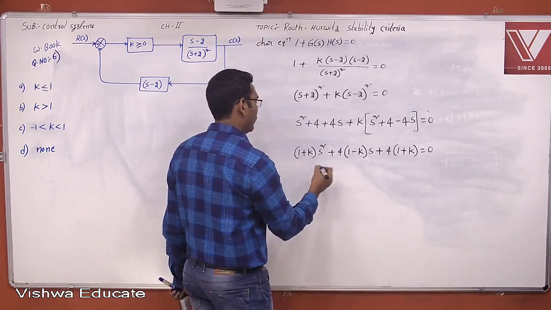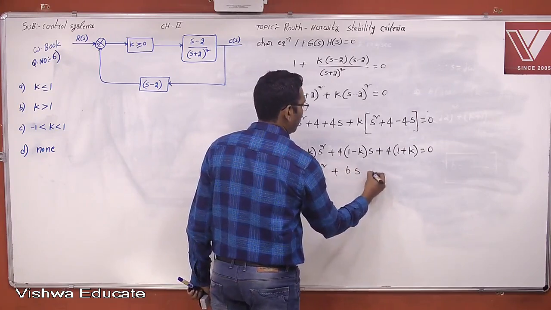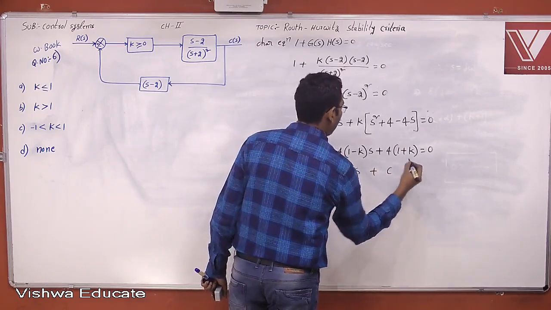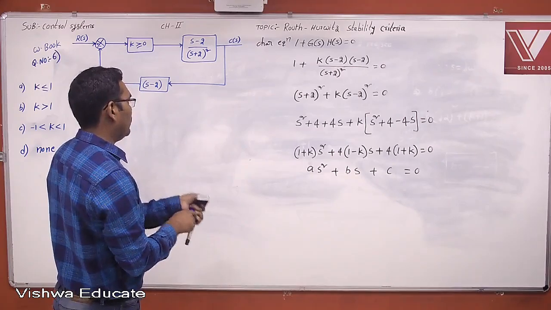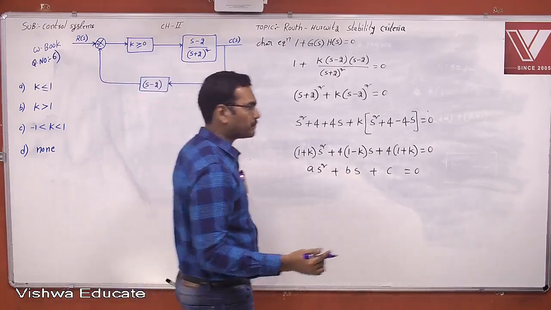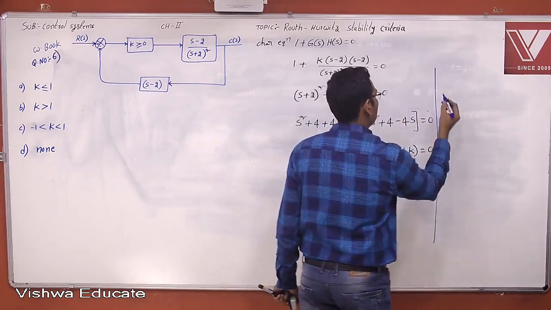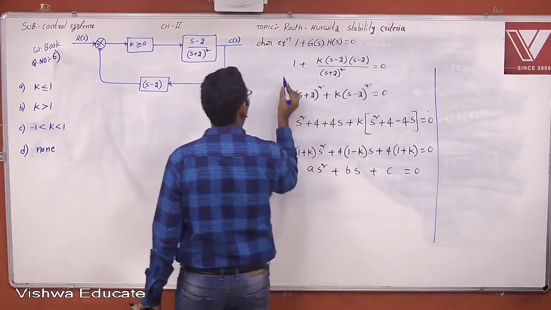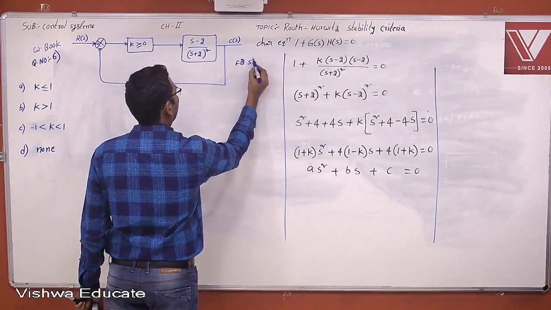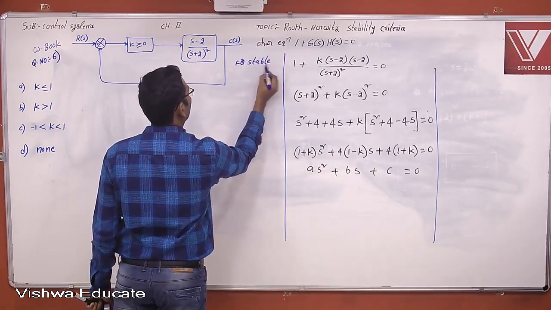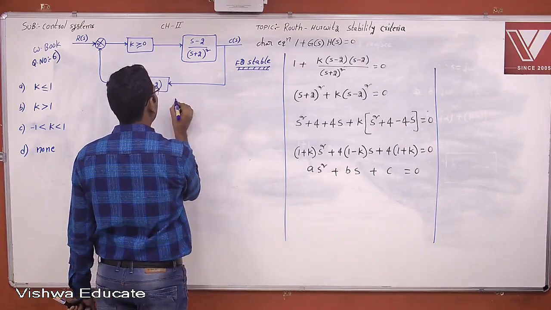This is the characteristic equation, and I am already saying for order 2 how to find: as square plus bs plus c equal to 0. For a stable system there is a condition, right? For order 2, for stable, a is greater than 0.